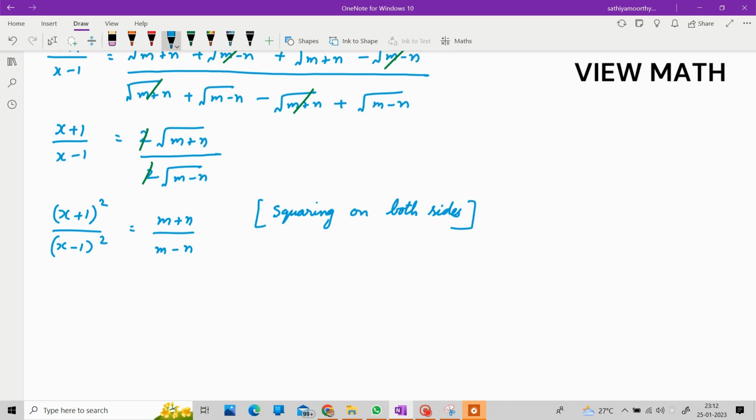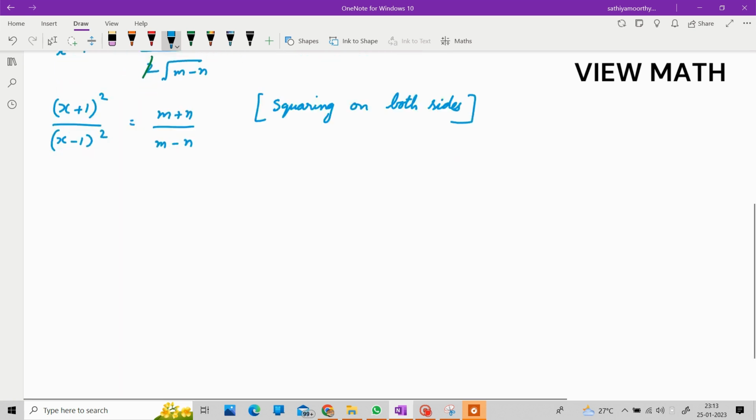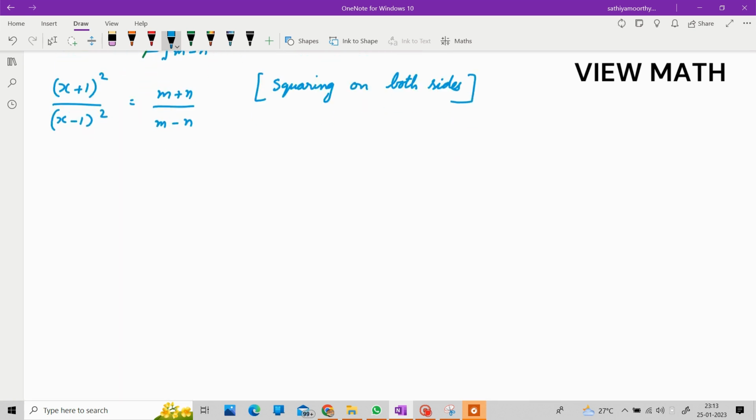Okay. Now let me expand it. Here it is (x + 1) the whole square, so I am using the (a + b)^2 formula. (x^2 + 1 + 2x)/(x^2 + 1 - 2x) is equal to (m + n)/(m - n). Now I am going to apply the componendo and dividendo property.